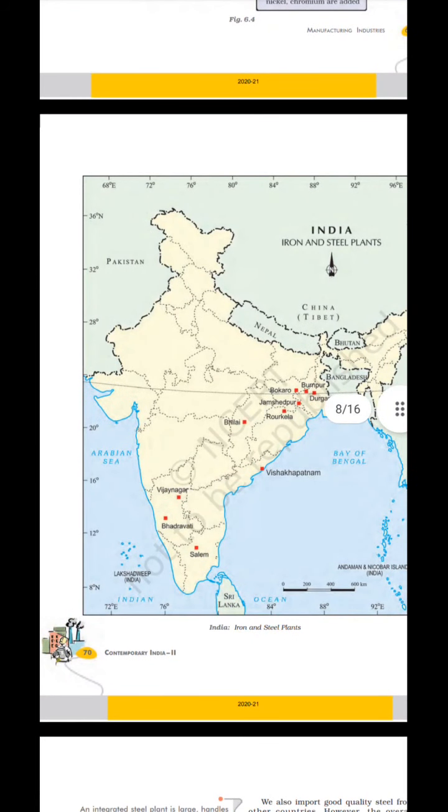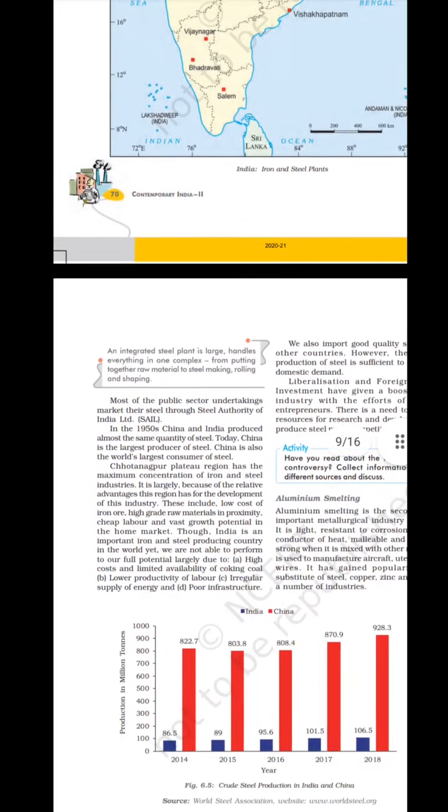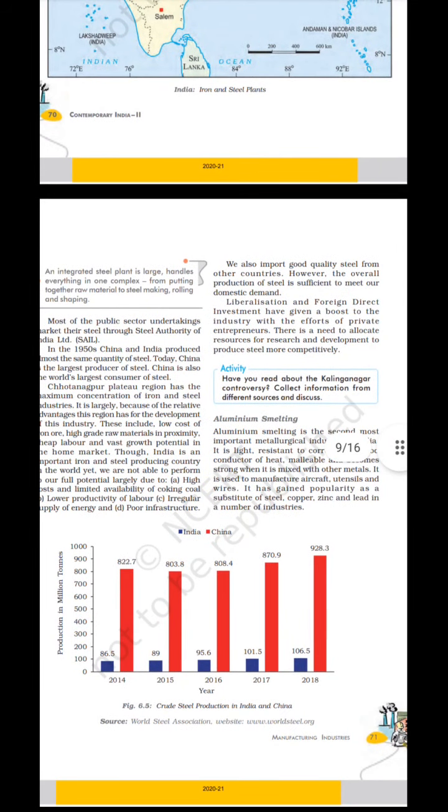Take a look at this map: India, iron and steel plants. Take a look at figure 6.5, crude steel production in India and China. Source: World Steel Association website.